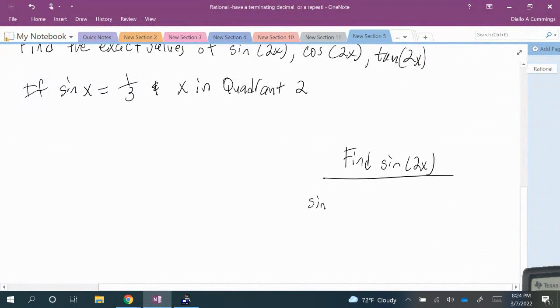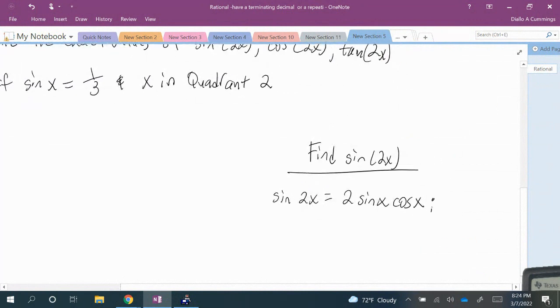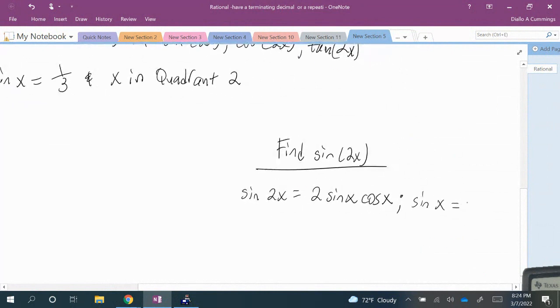So we were given sine x, which is 1/3, so I can put in 2 times the sine of x, which is 1/3, times the cosine of x, which I do not know.